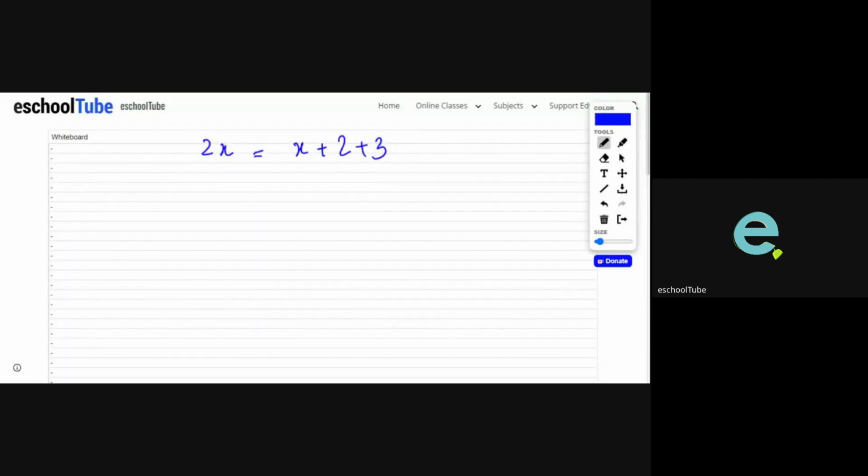Now variable is on both the sides. So how will you solve it? You keep all the variable on one side only.